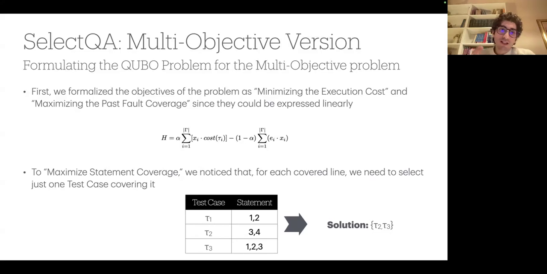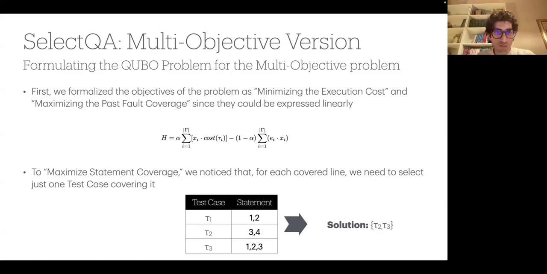Regarding the objective of maximizing the statement coverage, it was a bit more complex, but we noticed that, for a statement to be considered covered, we just need that at least one test case that covers it has been selected. So, for example, if we look at this table, we just need to select tau2 and tau3 to cover all the 4 statements.